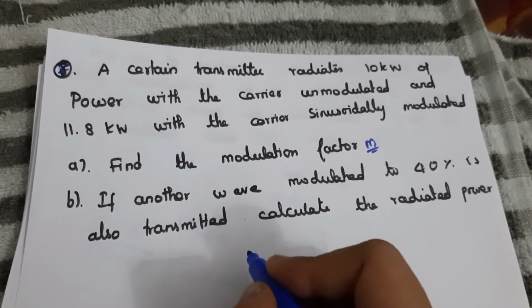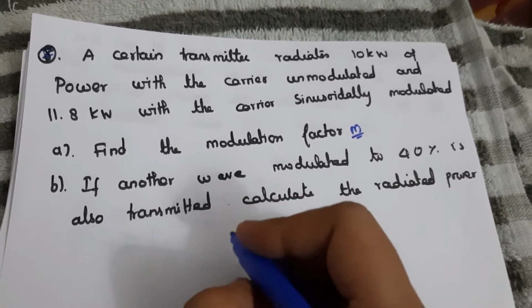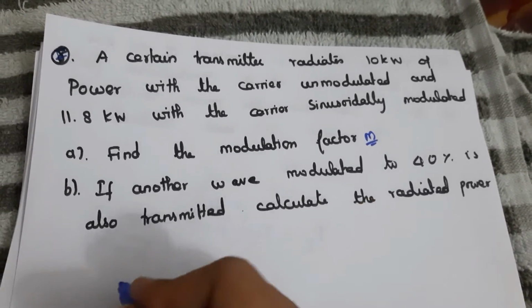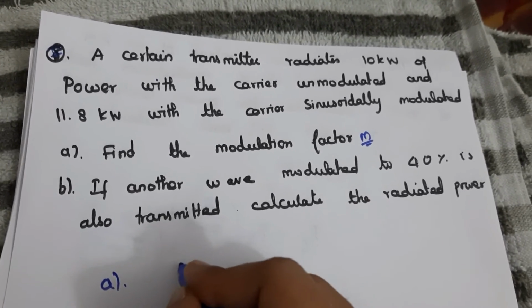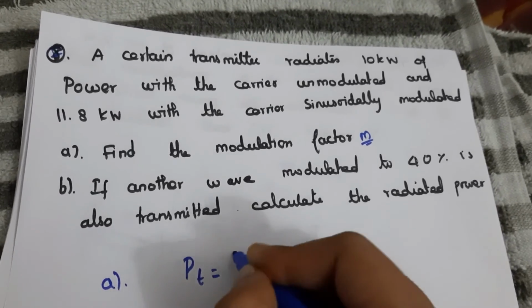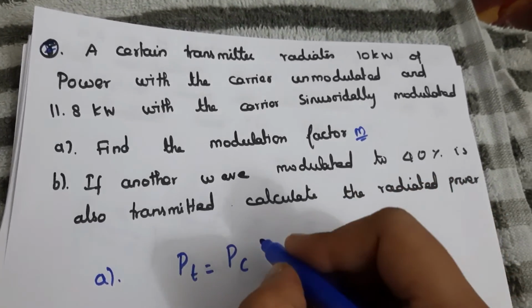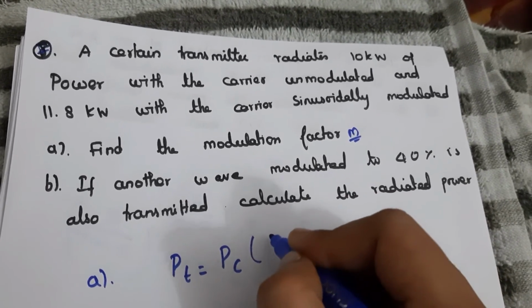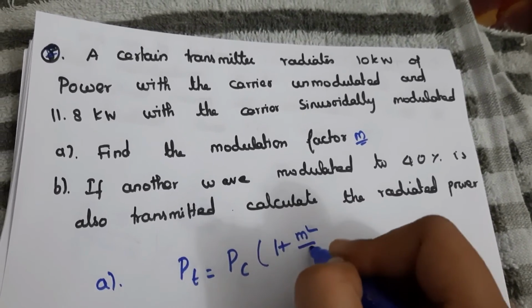So in the first case, we are considering this. The total power PT is equal to PC into 1 plus m square by 2.